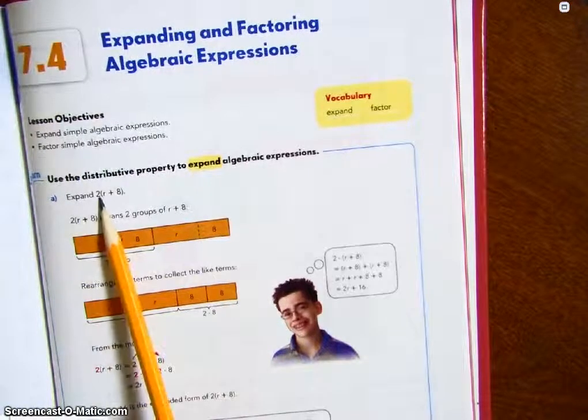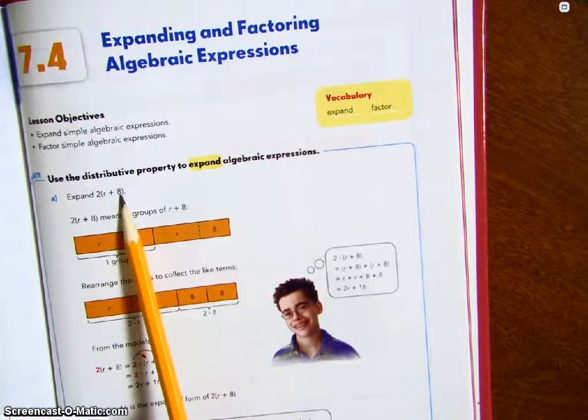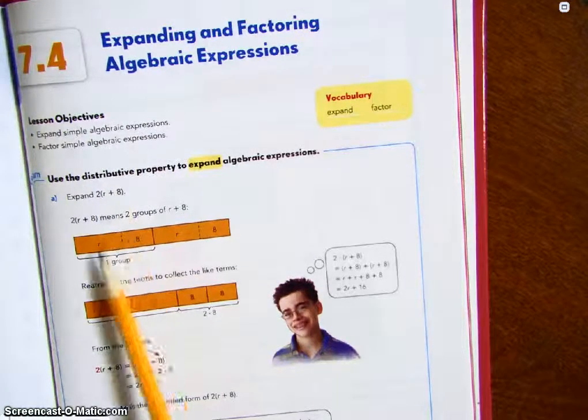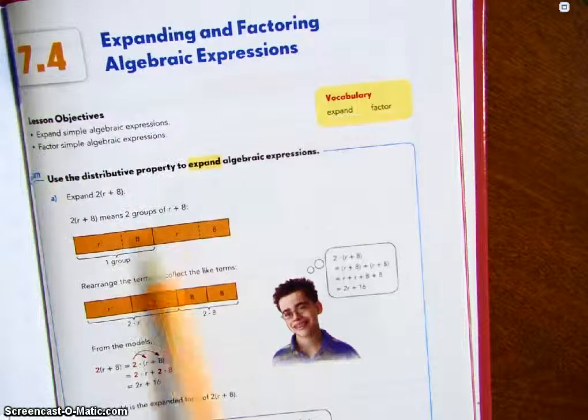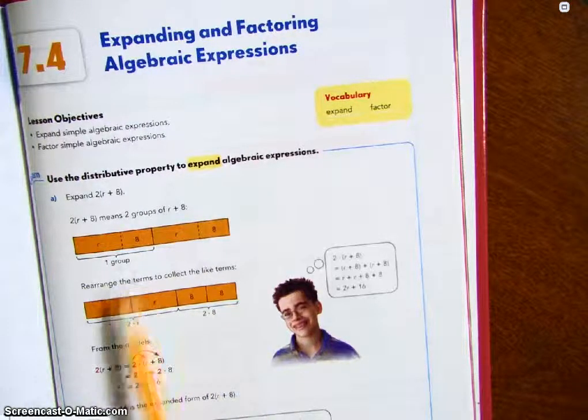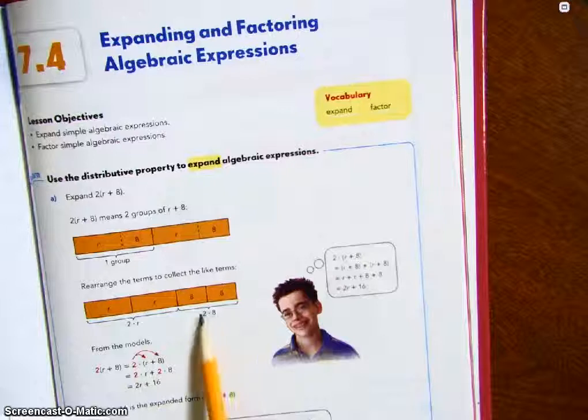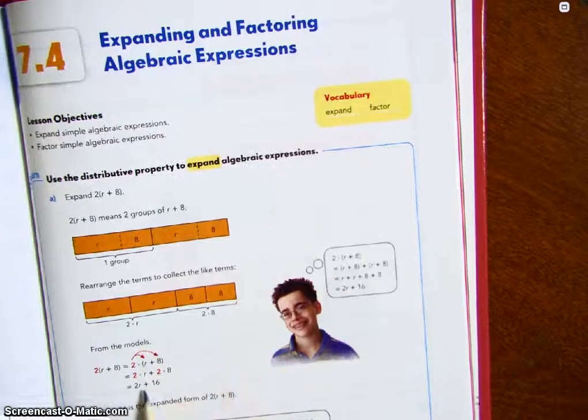So if it has 2 outside the parentheses for r plus 8, that just means r plus 8 2 times. So you do another r plus 8. And then when you combine all of those terms, because you'll have 2 r's and 2 8's, r just becomes 2r, and 2 times 8 we know is 16.